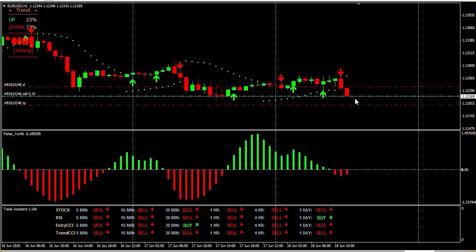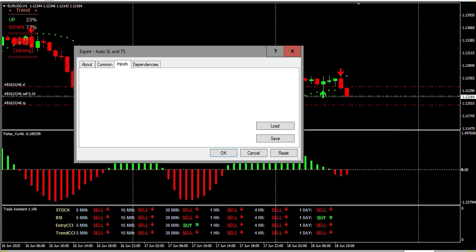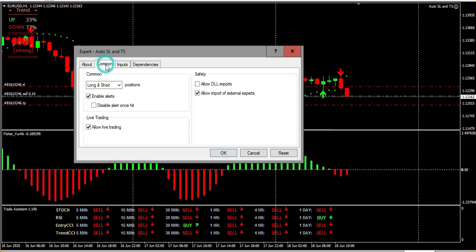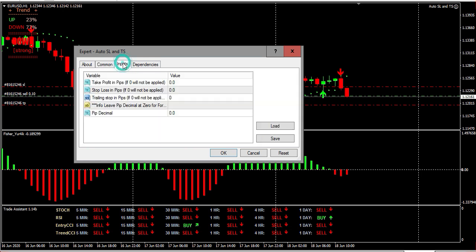I will bring it here so you will understand. It's called the auto stop loss and trailing stop EA. So here in the inputs, I have take profit as 20 pips and the stop loss also as 20 pips.